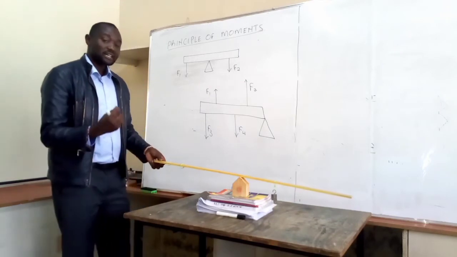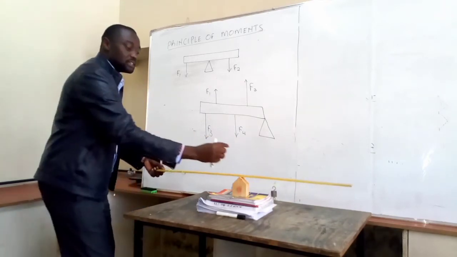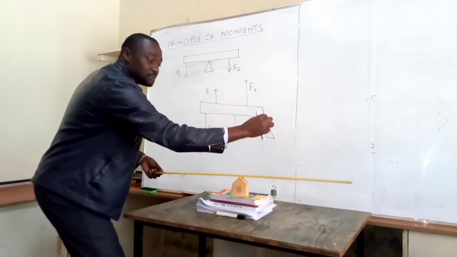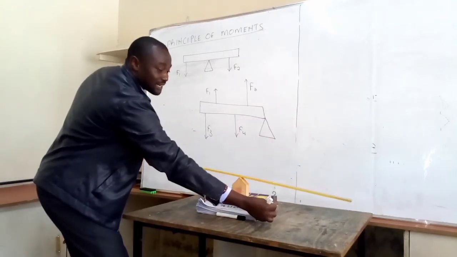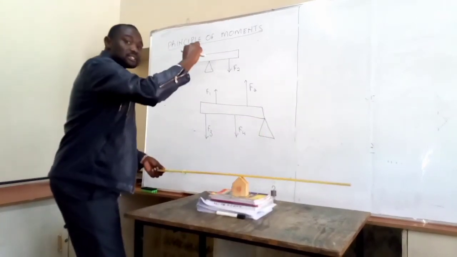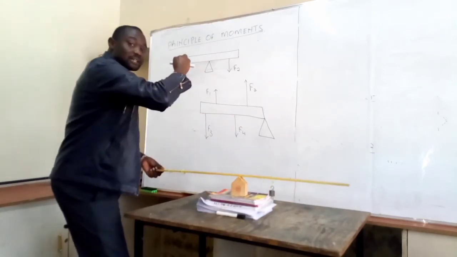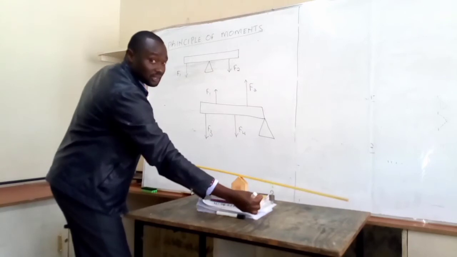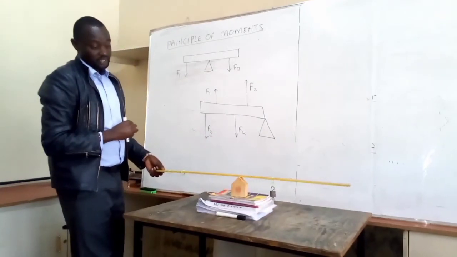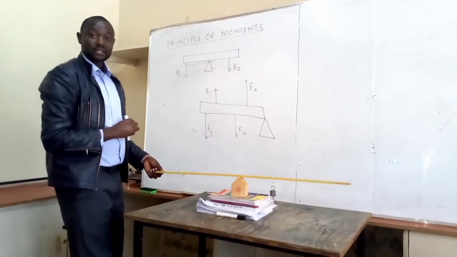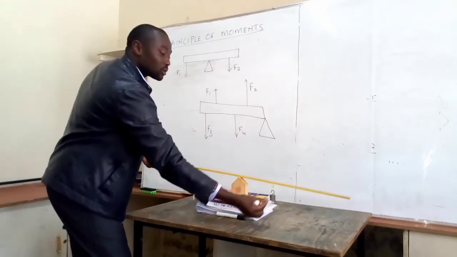So for us to understand the principle of moments, this force here is making this bar turn like that. This is the same rotation taken by the hour hand or the minute hand of a clock, and we call it a clockwise direction.